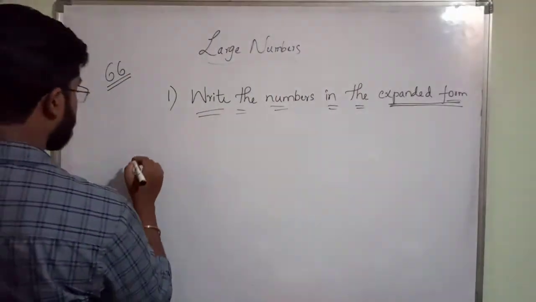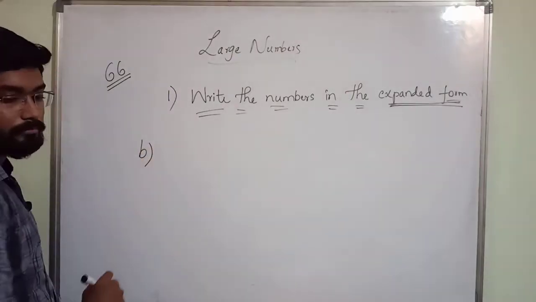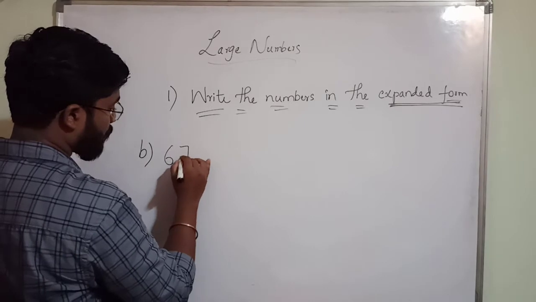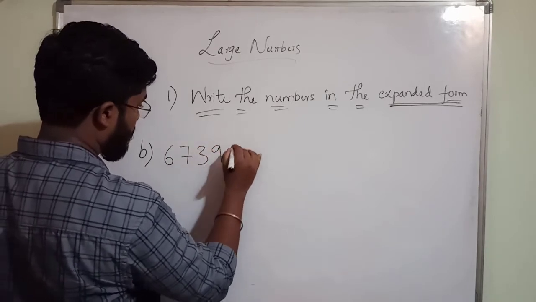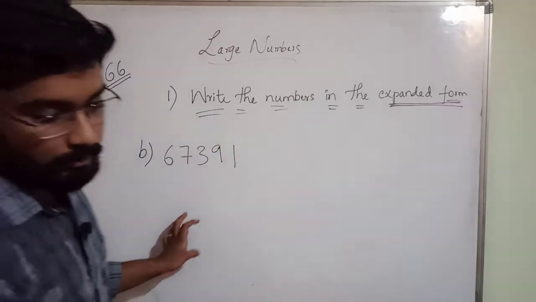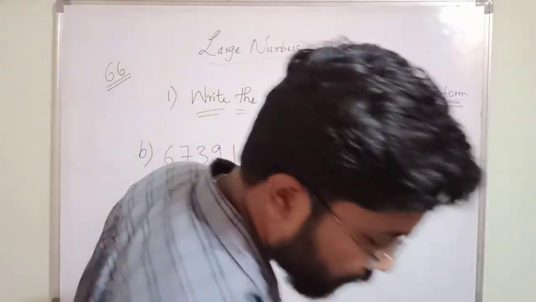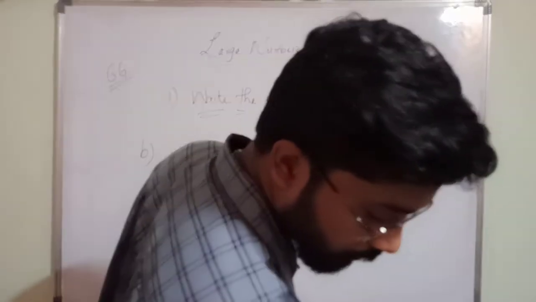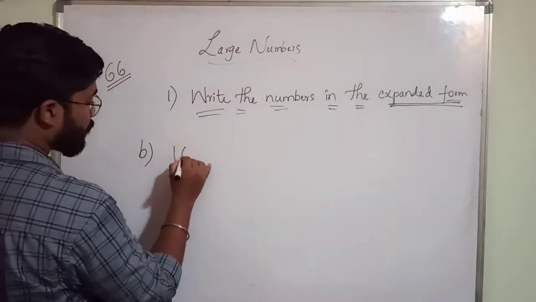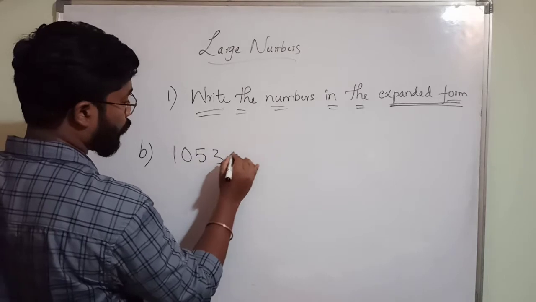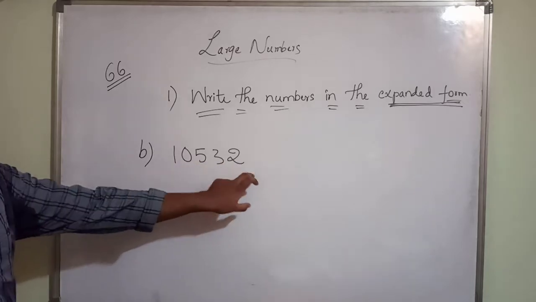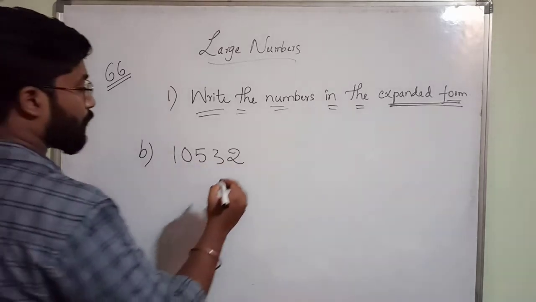Next one, B. B is 10,532. Okay, 10,532. What you have to do here?